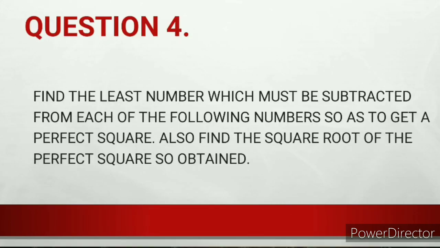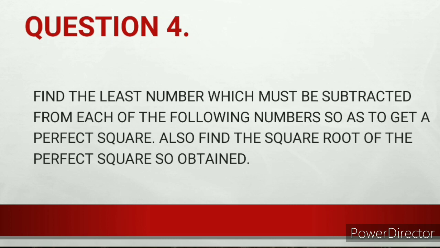Question 4. Find the least number which must be subtracted from each of the following numbers so as to get a perfect square. Also find the square root of the perfect square so obtained. Last exercise we solved this type of questions: converting a non-perfect square into a perfect square.